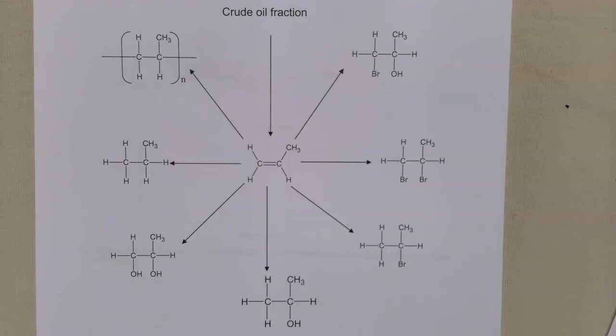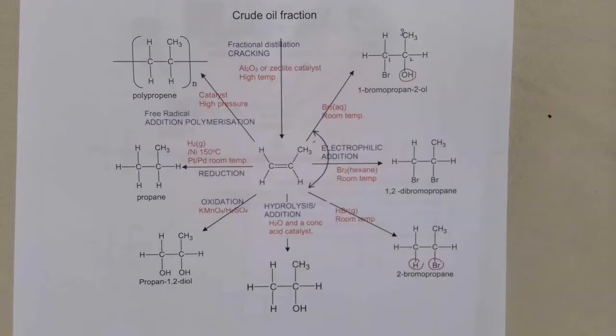So we're on the last page of your notes, and we're looking at this spider diagram on page 23. So you need to be able to understand what all these processes are and the reagents and conditions needed for each of them. So here they are in a little bit more detail.